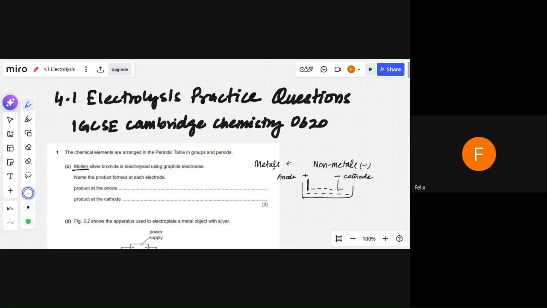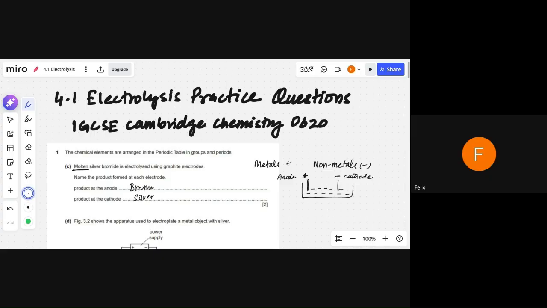So silver, containing a positive charge, will be attracted to the cathode, right? So the product at the cathode will be silver. And the product at the anode, since the anode has a positive charge, the non-metal, which is bromine, will go to the positive electrode, which is the anode, right?